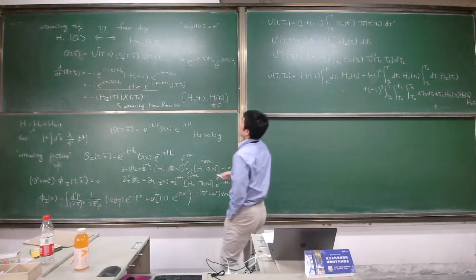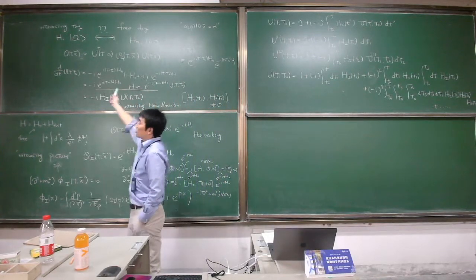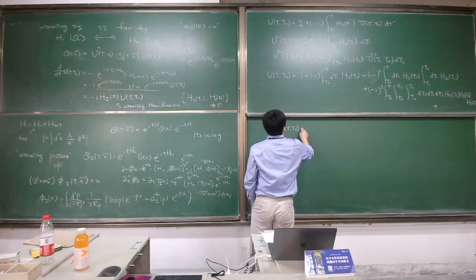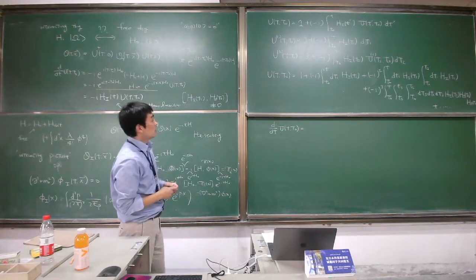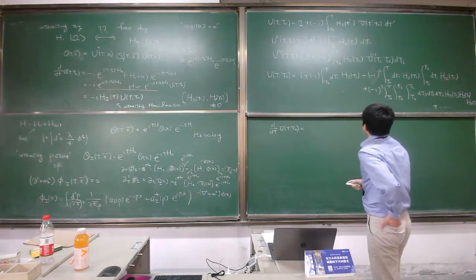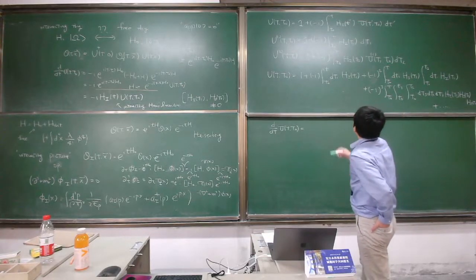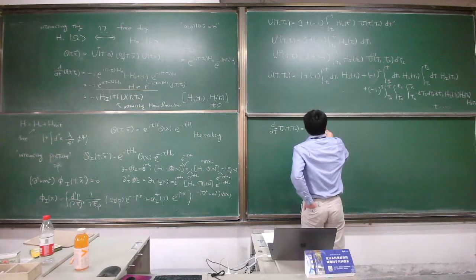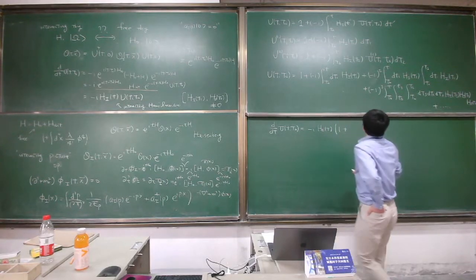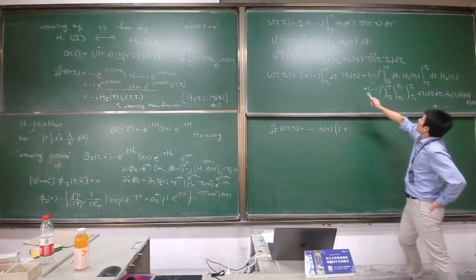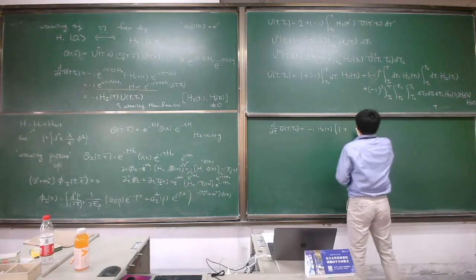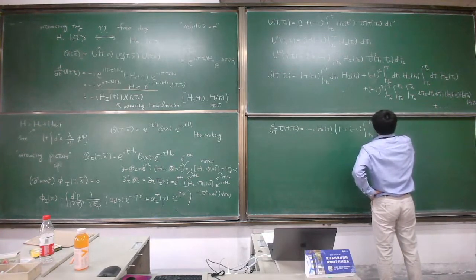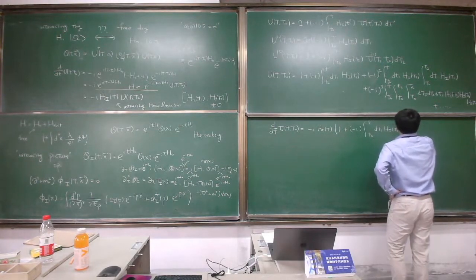If you want to check that this really satisfies the equation, just take the time derivative. Acting with the time derivative on the first term, you get minus i H_I(t). On the next term, you again get minus i H_I, and what is left is minus i times the integral of H_I(t1) dt1, and so on.